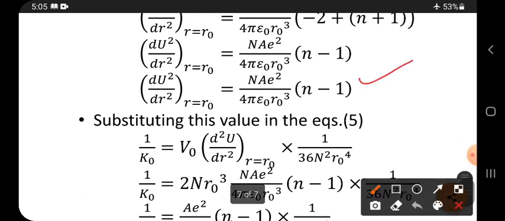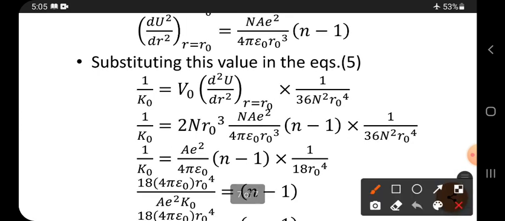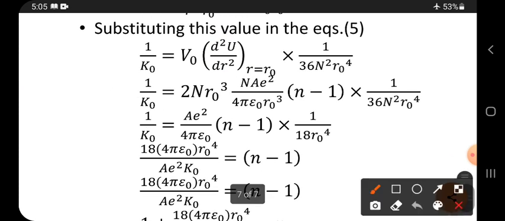It is a value; substitute this value in the above equation, the formula given above: v naught d square u by dr square at r equal to r naught, and in this place substitute this value, n minus 1. Now our aim is to calculate the n value only.